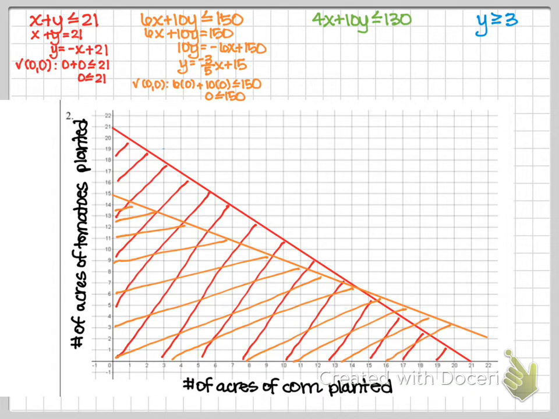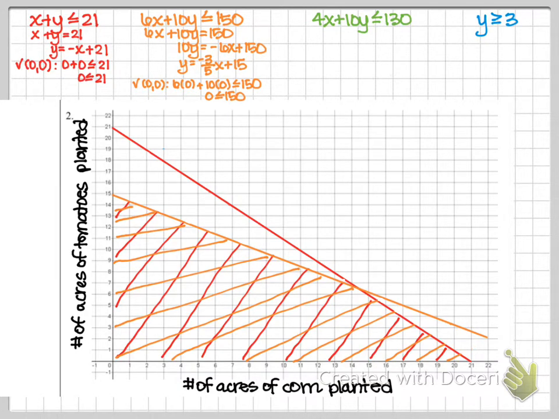So I'm going to grab my eraser and erase the parts that are only red shading and the parts that are only orange shading, because I am looking for the overlap between the two. So now I went through and I erased all of the non-overlapped shading.